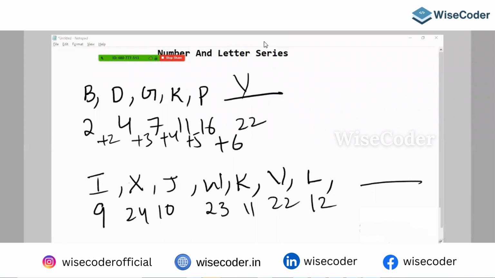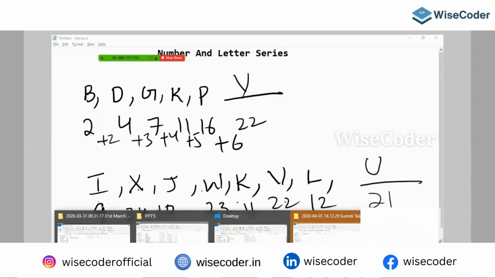The moment you write the place positions, you can see it's an alternate series: 9, 10, 11, 12, and 24, 23, 22. So here must be 21. What is the 21st letter? U. These are the different kinds of series.